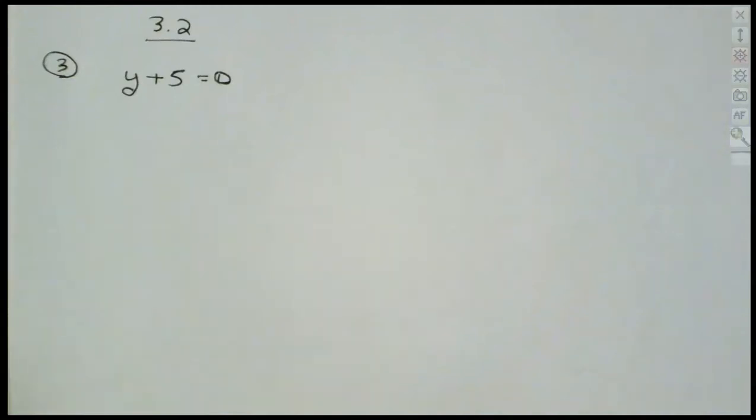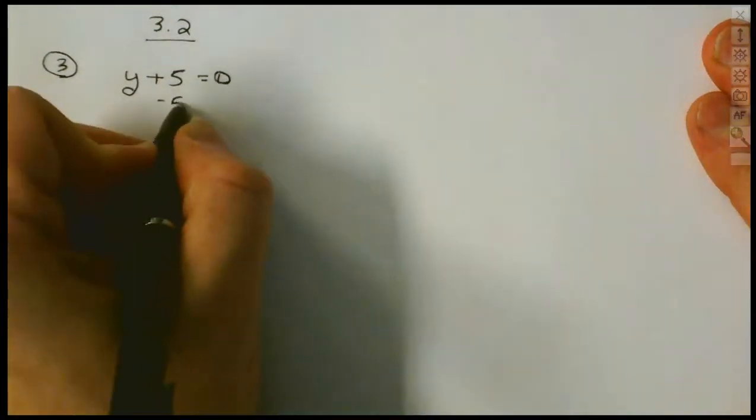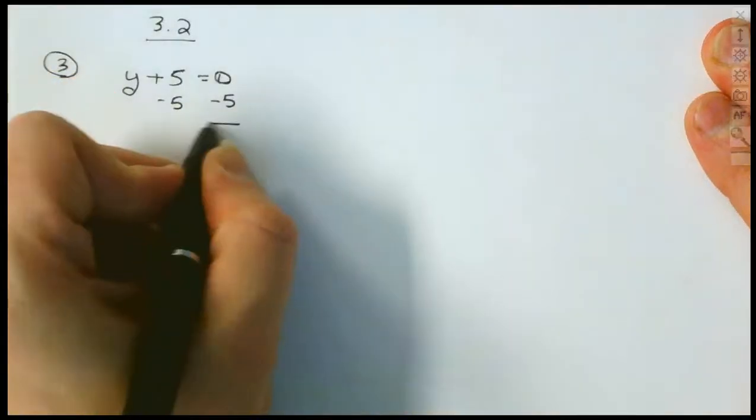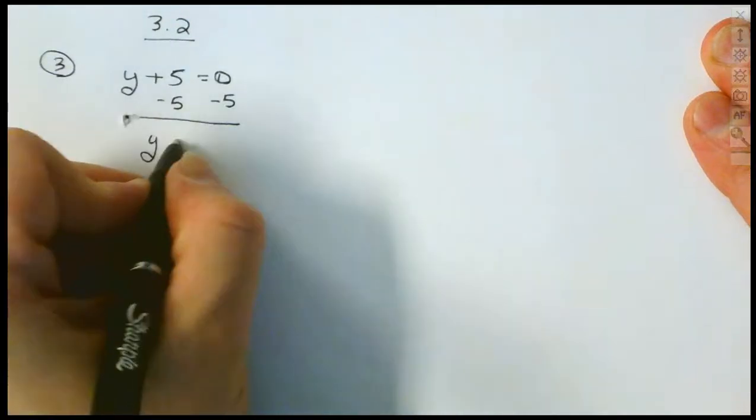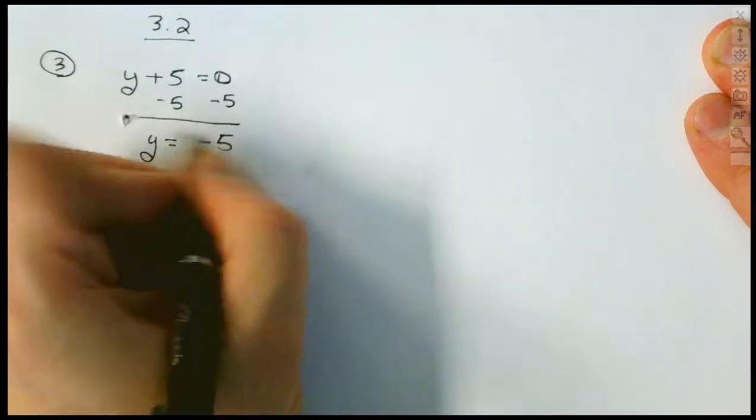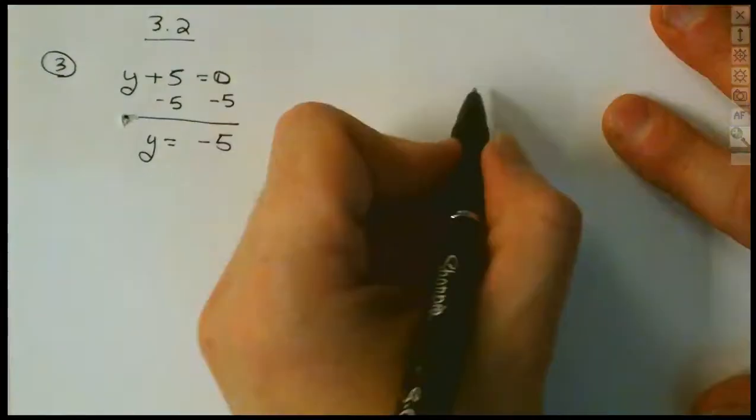It's set to 0. To graph this one, we need to figure out where my horizontal line is going to be. So we're going to move that 5 over, that way we can get the y by itself. Now we're left with y = -5.